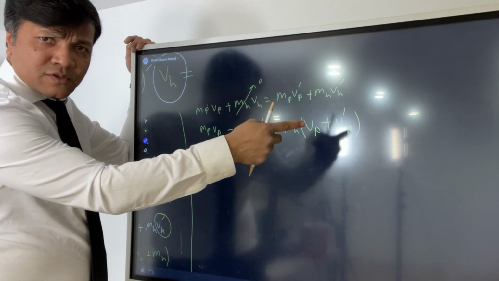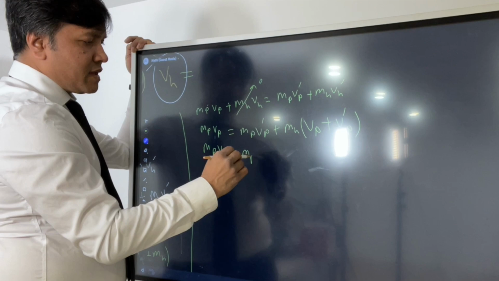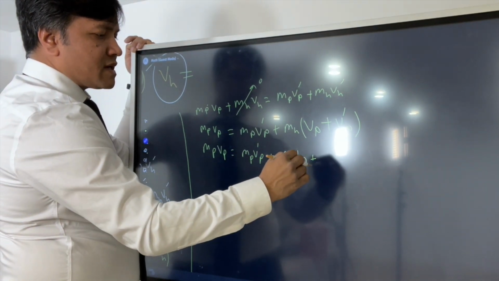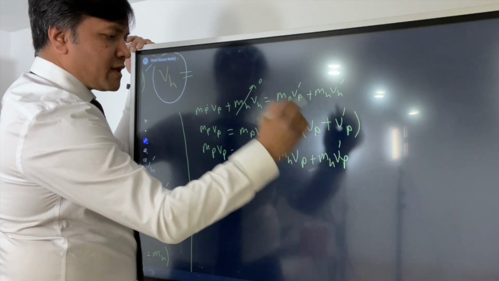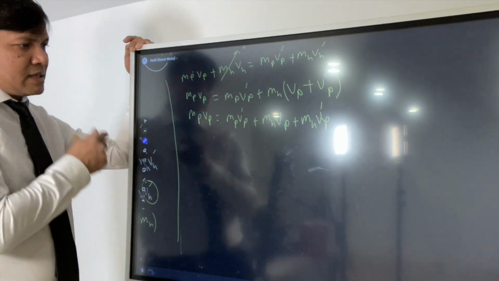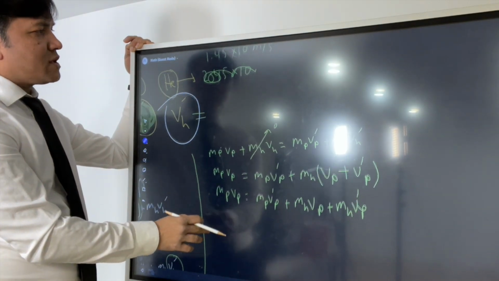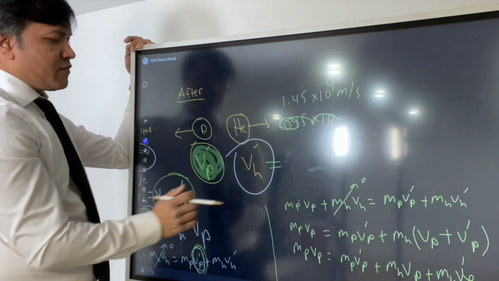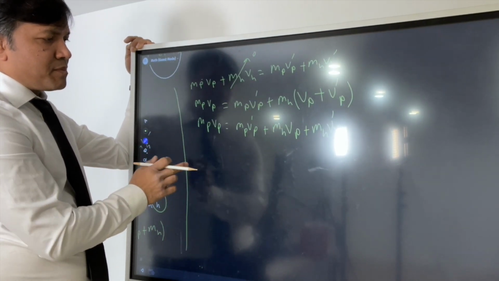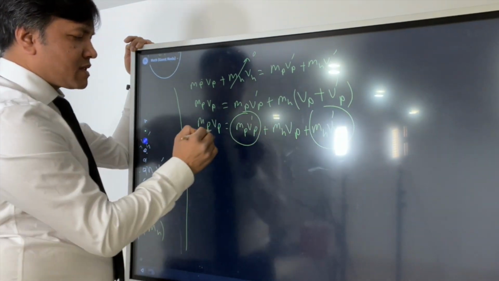Okay, now good. So I'm going to distribute this one: MP VP is equal to MP V prime P plus MH VP plus MH V prime P. Now my goal is to find V prime P, so I'm going to bring this one over here.